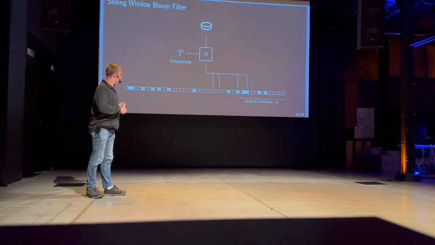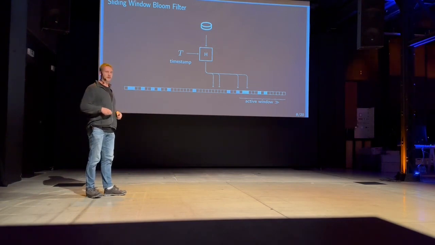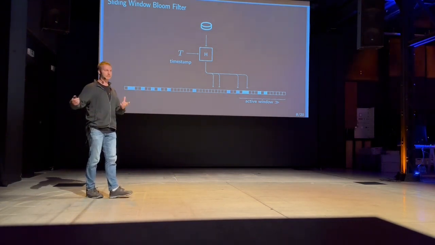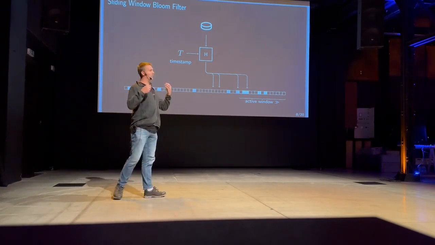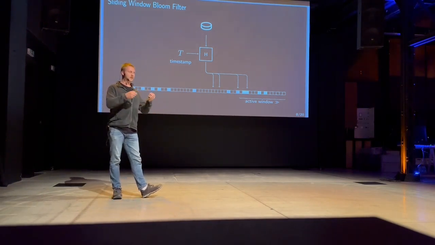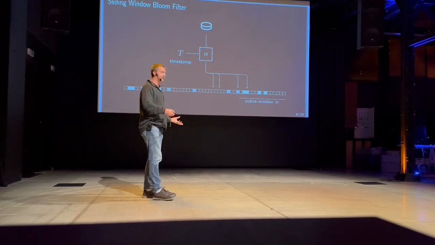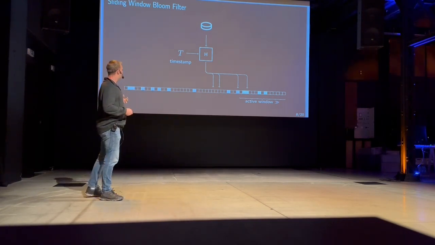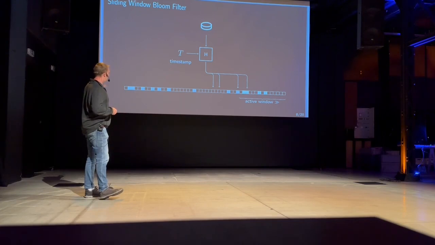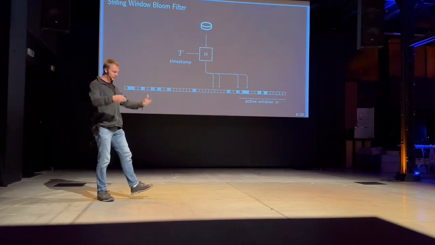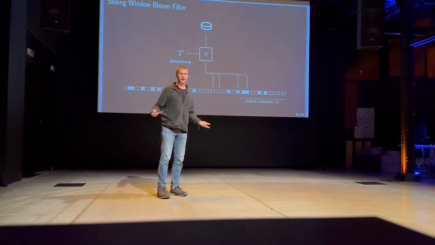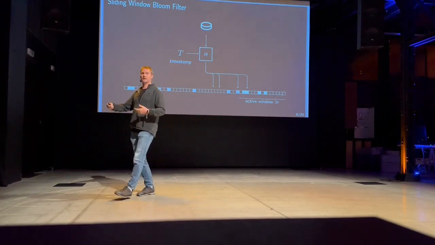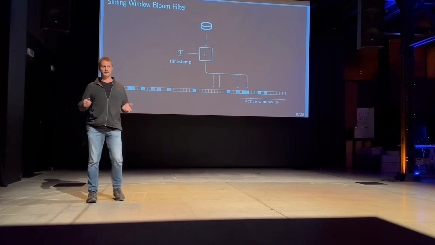We are going to set bits in an active window that keeps sliding every so many iterations. And when it slides is determined by some timestamp. And this allows us to keep inserting items indefinitely because the active window can keep sliding and the new portion of the Bloom filter is always implicitly 0.